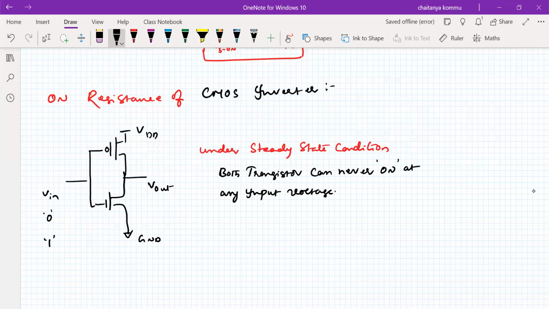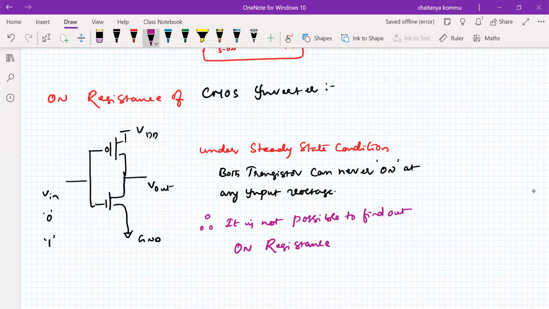So that means whether we apply logic 0 or logic 1, it is not possible to find out the on resistance for CMOS devices.